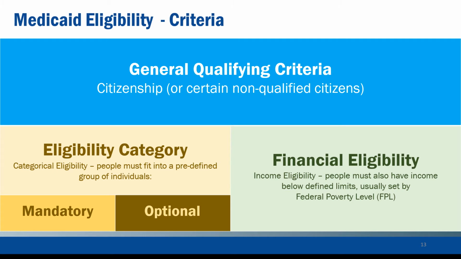You must meet a categorical eligibility, which is people must fit into a predefined group of individuals, mandatory or optional. We'll discuss this one a little bit later in our presentation. There's also financial criteria. People must also have income below defined limits. This is usually set by the federal poverty level.